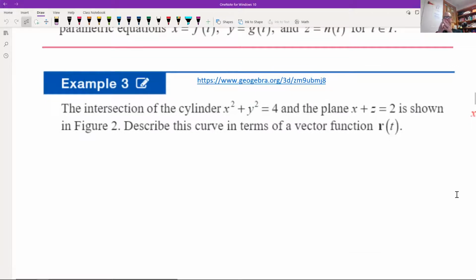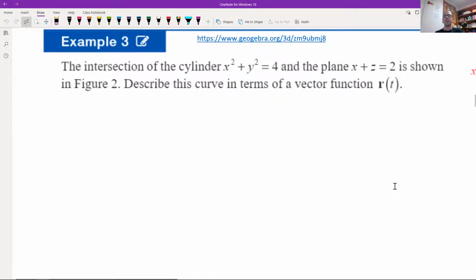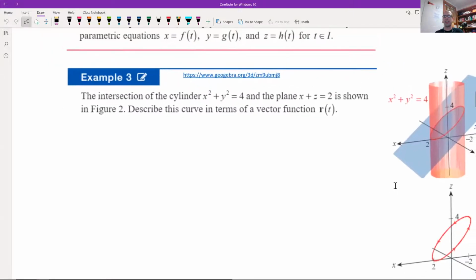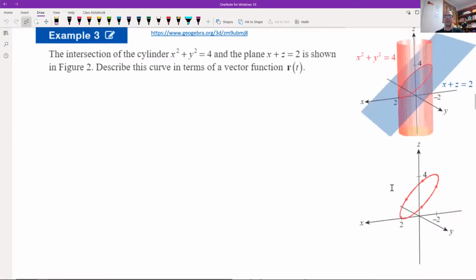Example number 3, the intersection of a cylinder and this plane is shown in figure 2. Describe this curve in terms of a vector function r of t. And actually, I remember that these pictures are here.